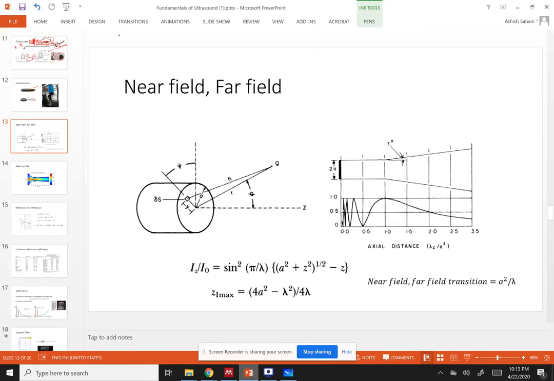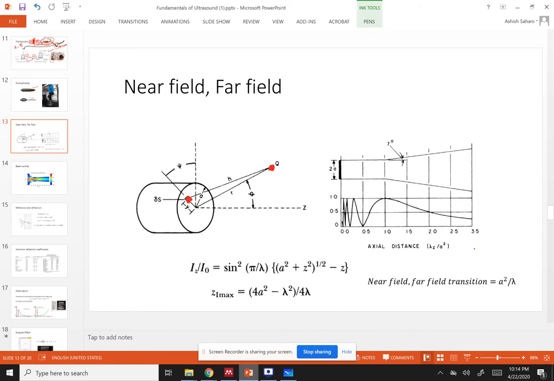So here, if we have to calculate the intensity of sound pressure at any given point in front of this transducer, then we can calculate based on the Huygens principle, where we start by considering small elements on this. For each small element, if you want to calculate the sound pressure say at Q, then we can find out the pressure created by this small element.